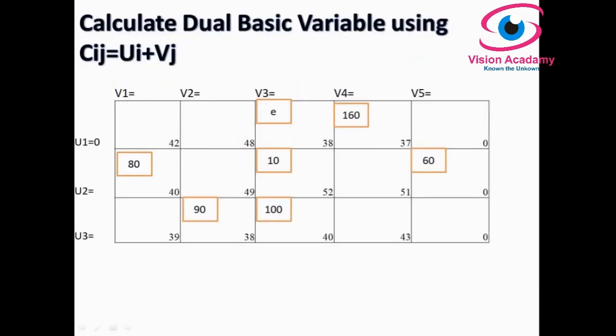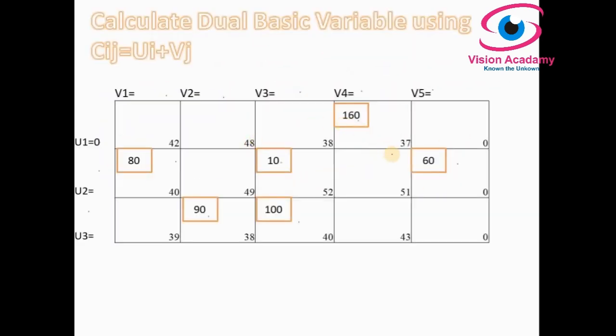Okay, now let us look into that. Look here, there was no allocation here, 38. Observe this cost cell carefully. Here there is allocation 0. Here there is no allocation, which is the least cost in the cost matrix. So we should check whether we can form a closed loop for this. Let us try.